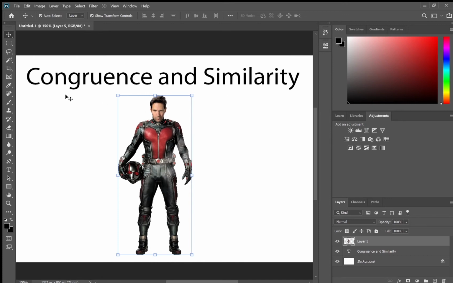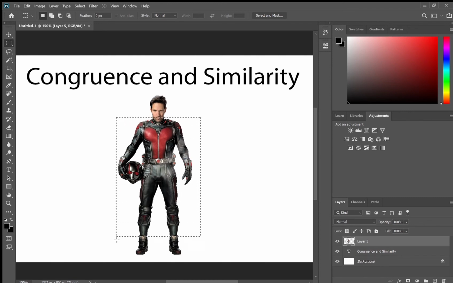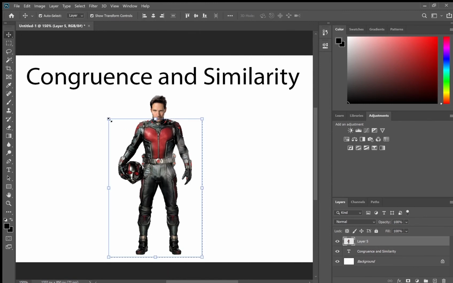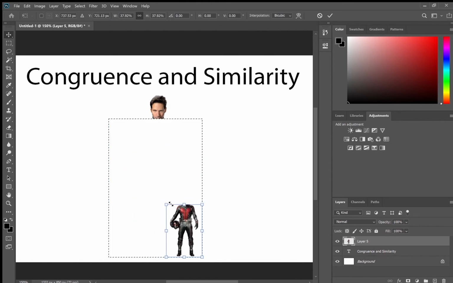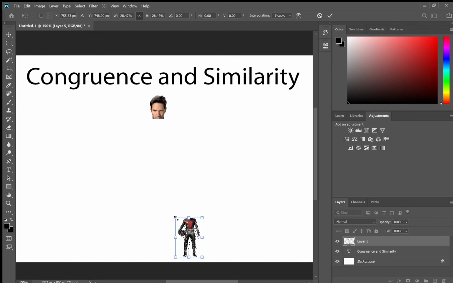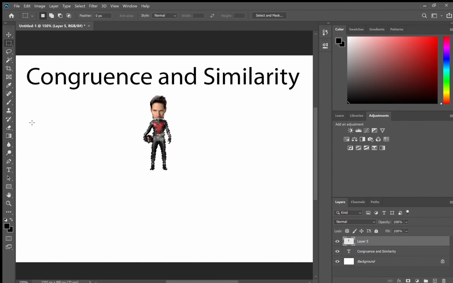So for example, if I were to take just Ant-Man's body and the lower part of his head, and shrink down his body but leave his head normal, again, you can see pretty clearly that this is not the same shape, this is not the same person. He has a head that is way disproportionately larger than his body.